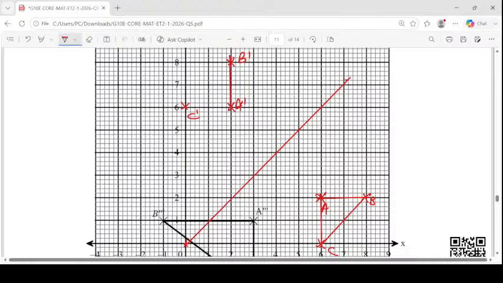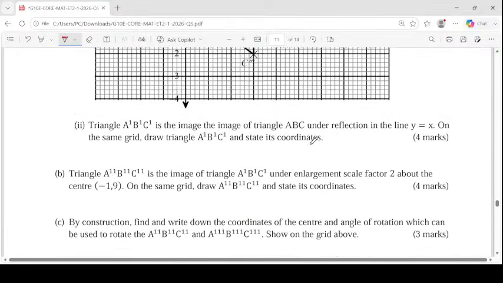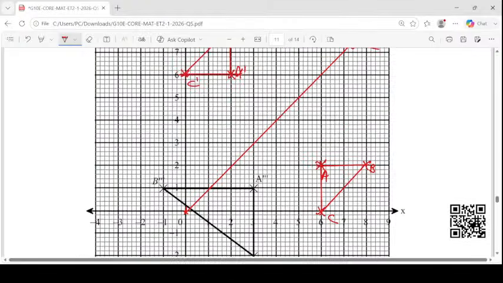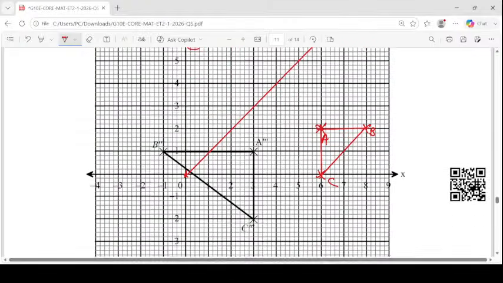This is our triangle after reflection in the line y is equal to x. This is the line y is equal to x. So state the coordinates. A prime is 2, 6.